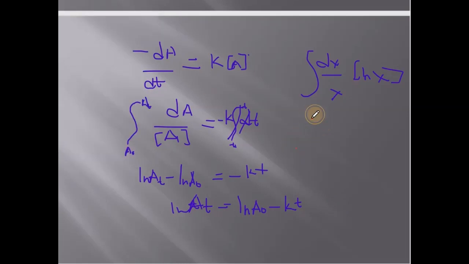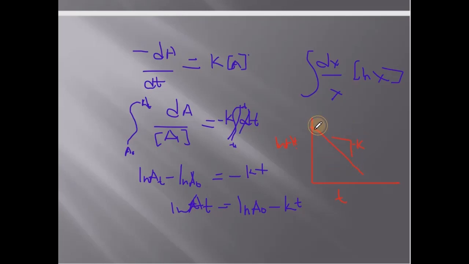So let's see how the graph of this one will look like. If you plot a graph of the natural logarithm of At against t, you must get a negative slope, which will just look like this. Then the slope of that curve is what? Minus k.